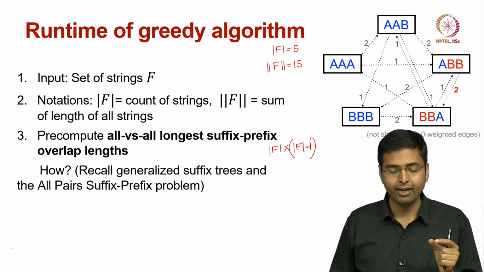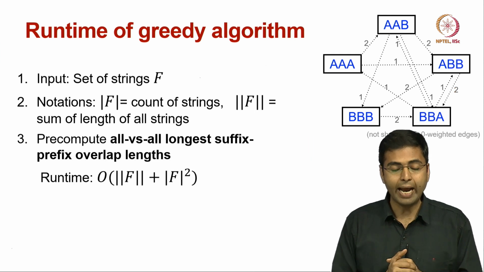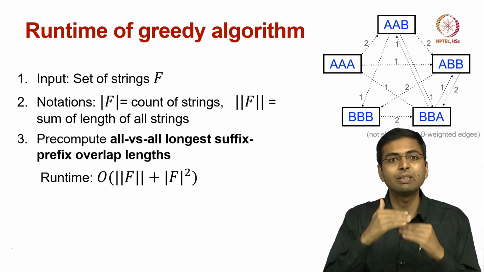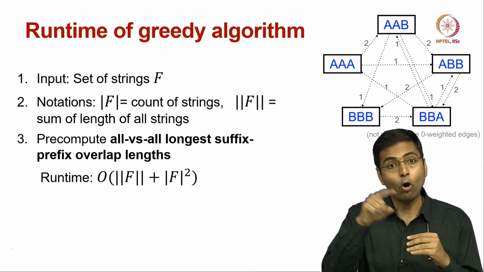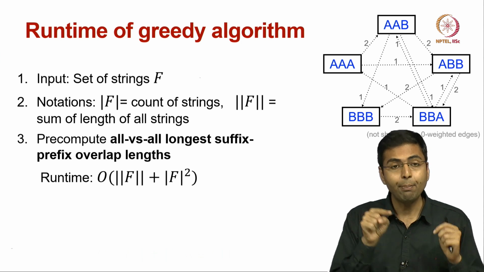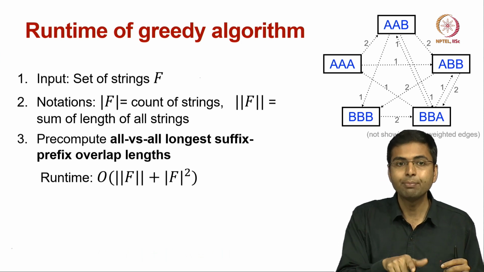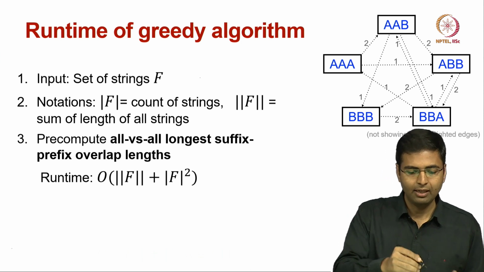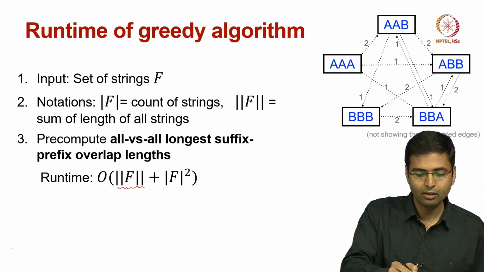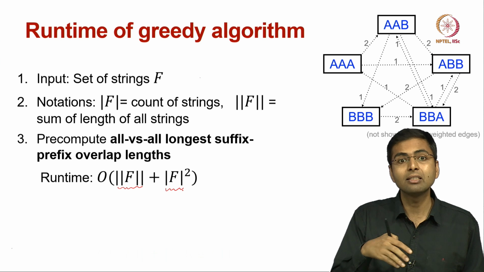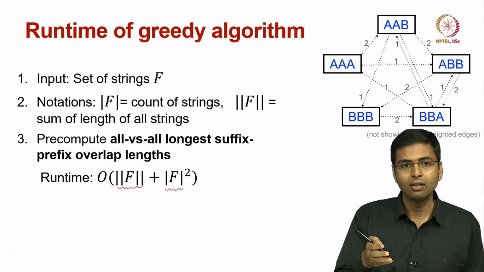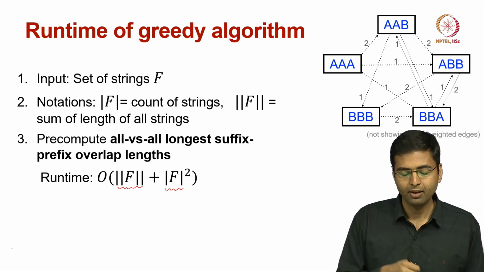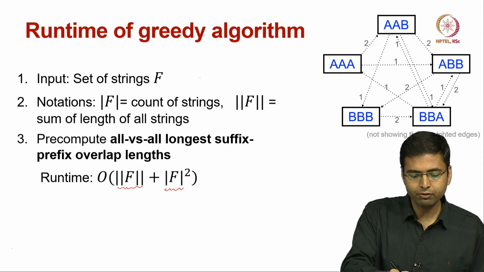Using suffix trees, all suffix prefix overlaps between all pairs of strings can be computed in time of the total length of the strings plus the number of strings squared, and this comes because we have to report the output.